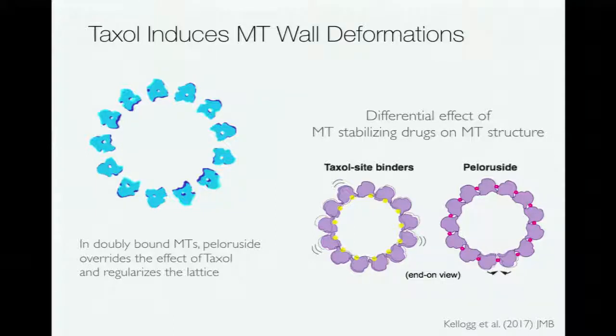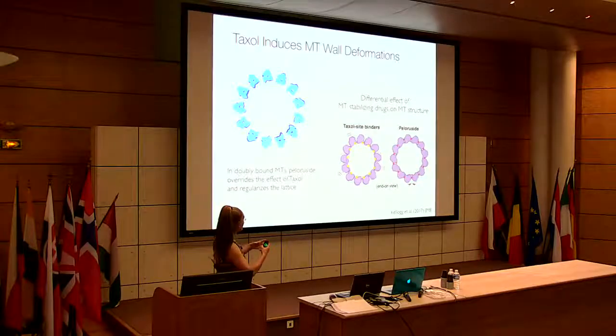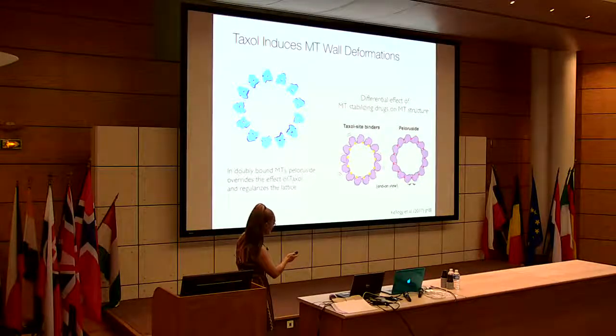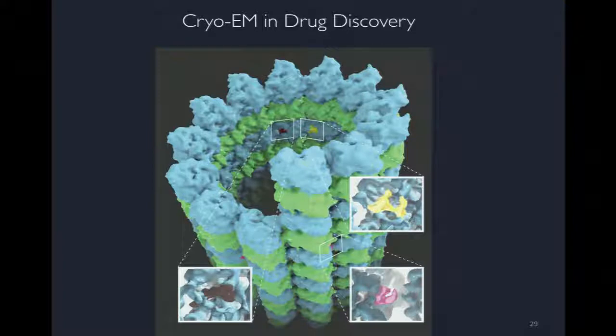Okay, so 2 different drugs are doing different things while stabilizing the microtubule. One binding there, closing this seam, the other one just relaxing the requirements for these lateral contacts to be well organized. Okay, so we think that we are on the way.